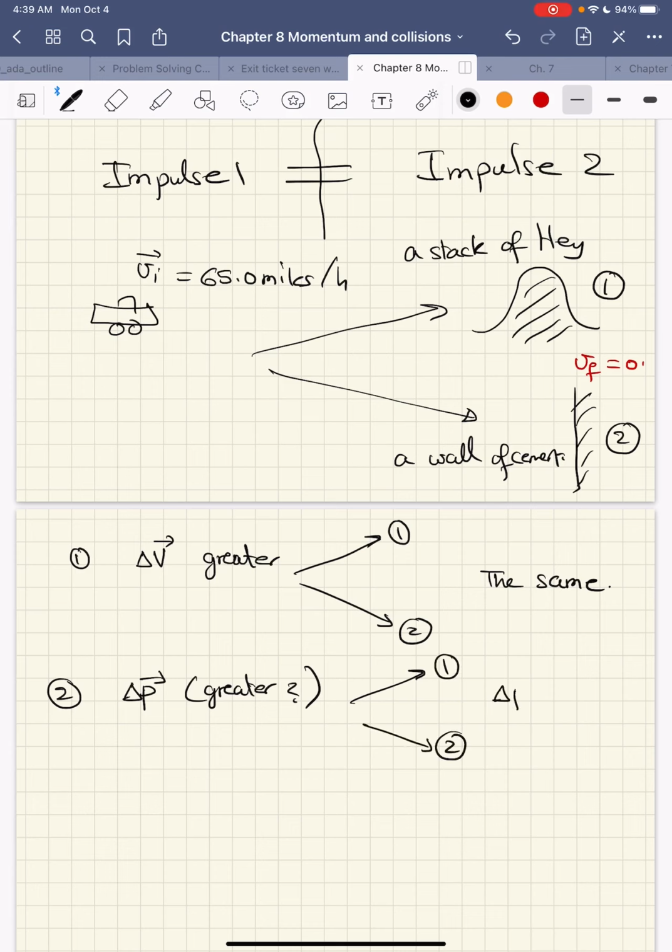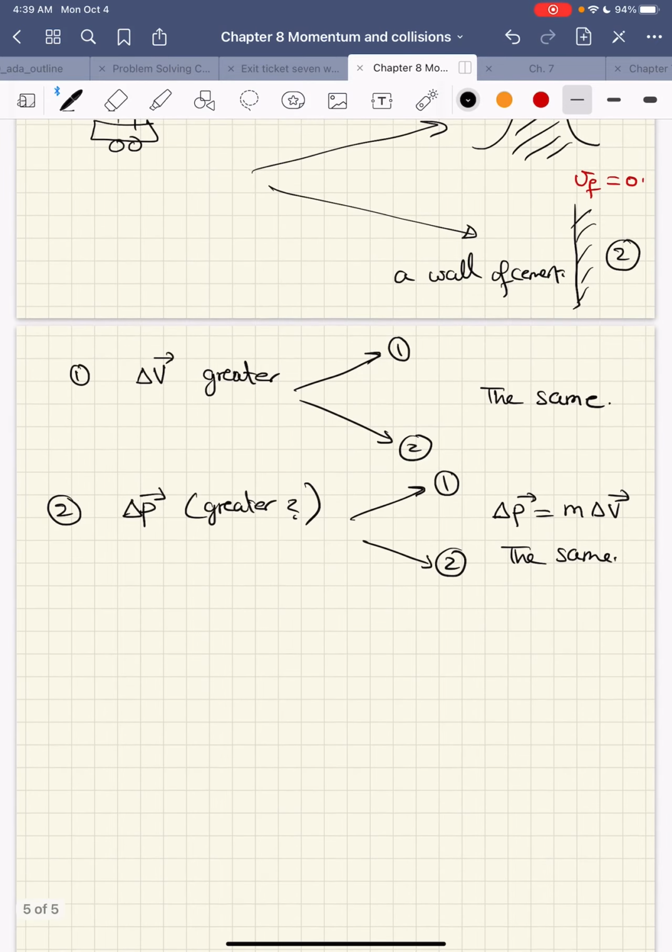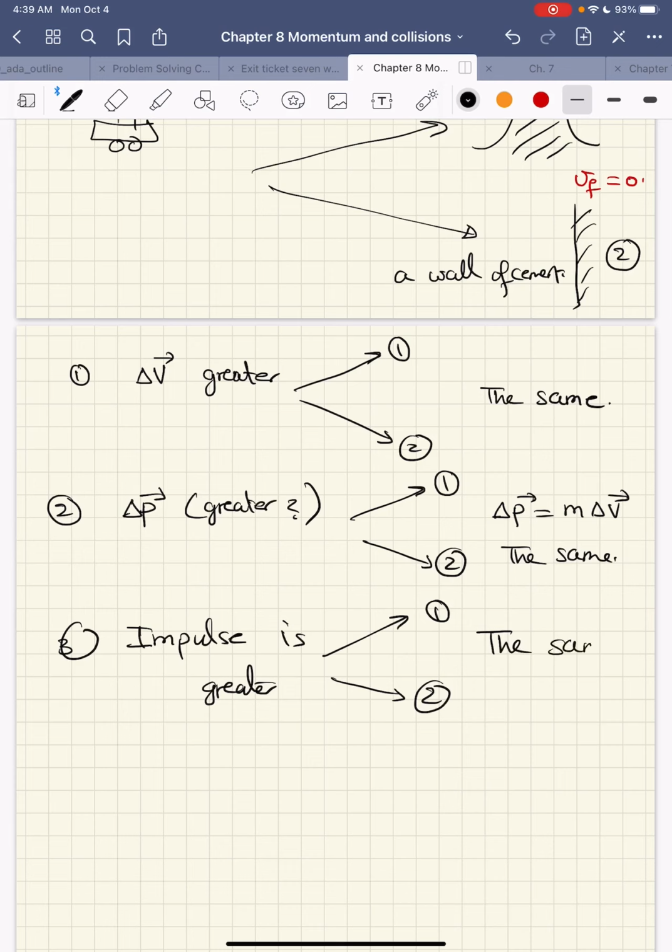And since delta P equals mass times delta V, I will say it's the same. And number 3, when is the impulse greater? I will say none, because they are both the same. Delta P equals impulse.